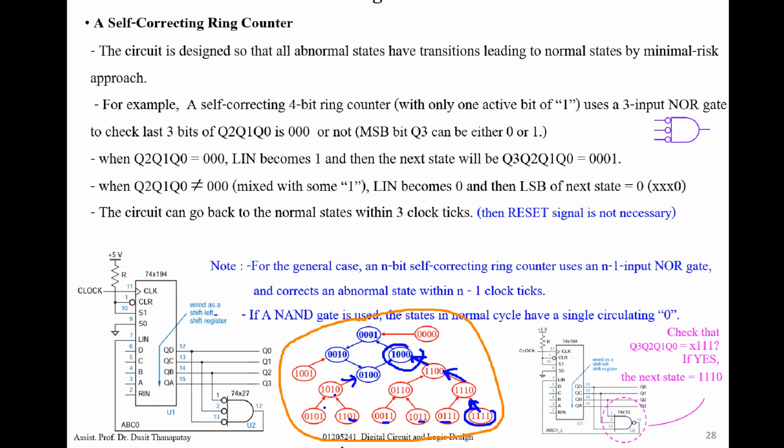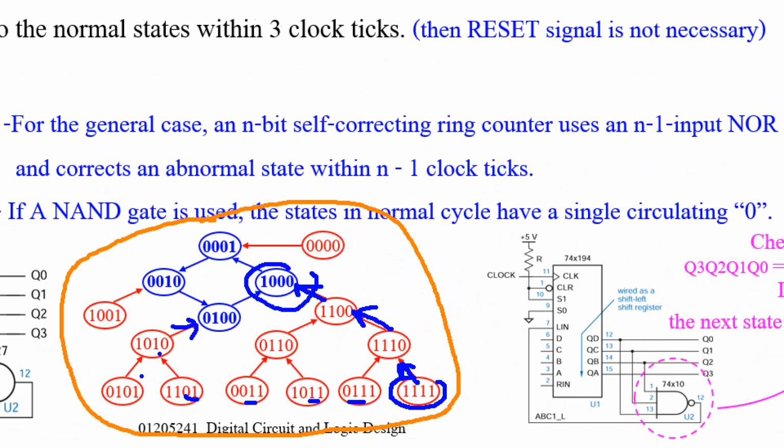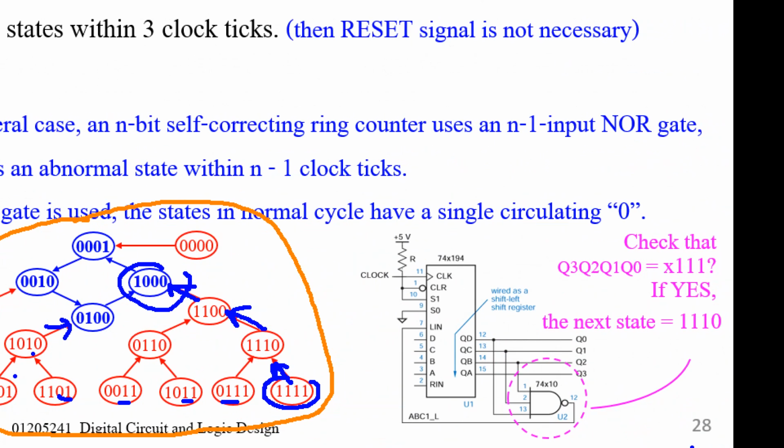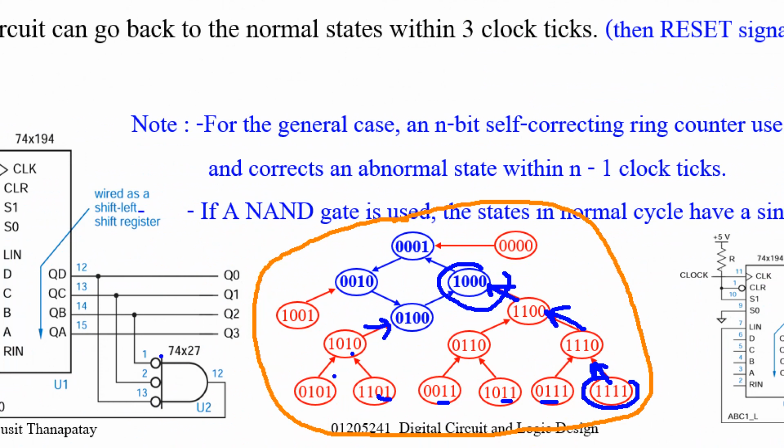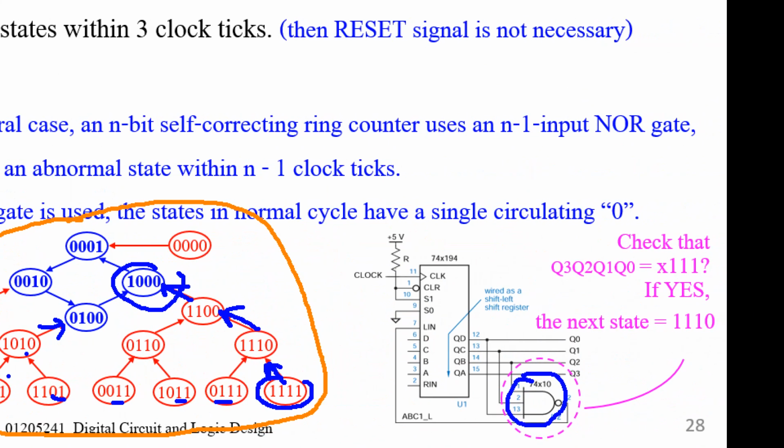And for this one, the change: this one has active low input and active high output, changed to active high input and active low output. The result will be opposite.